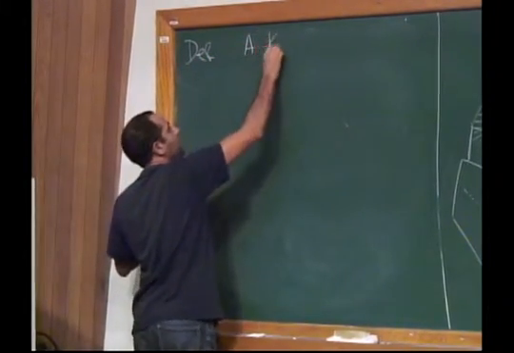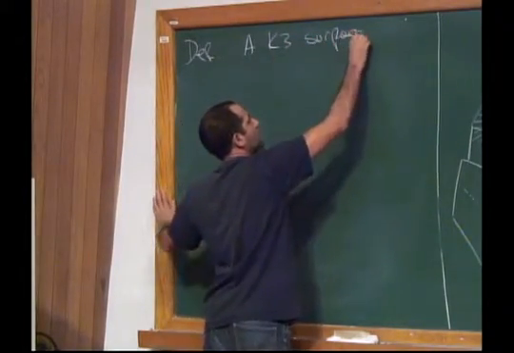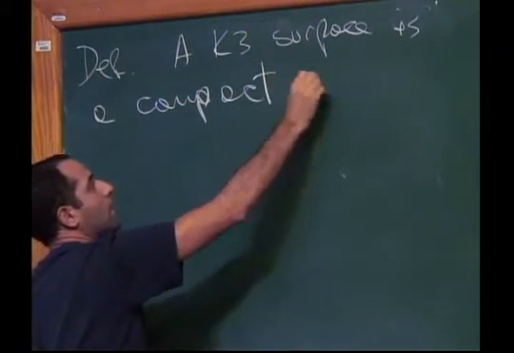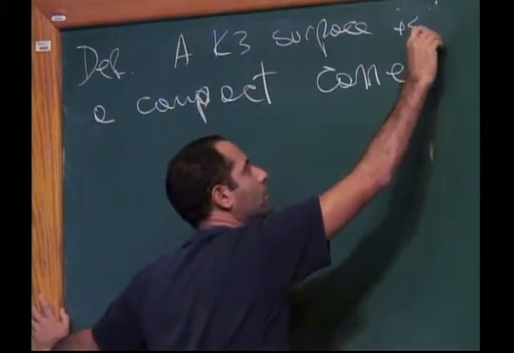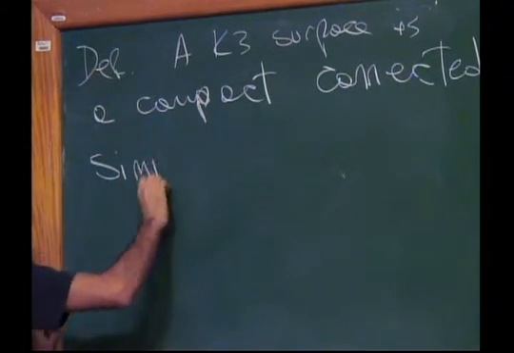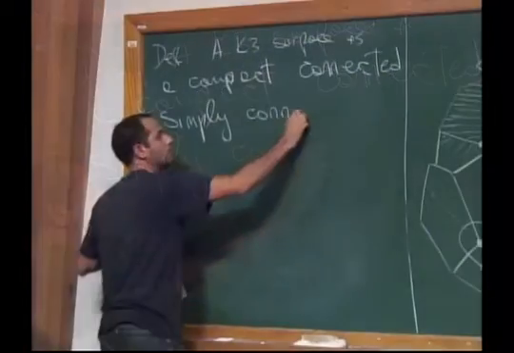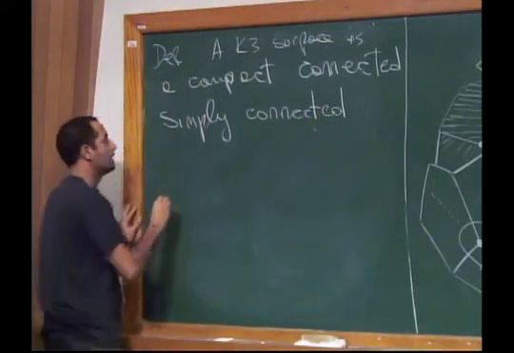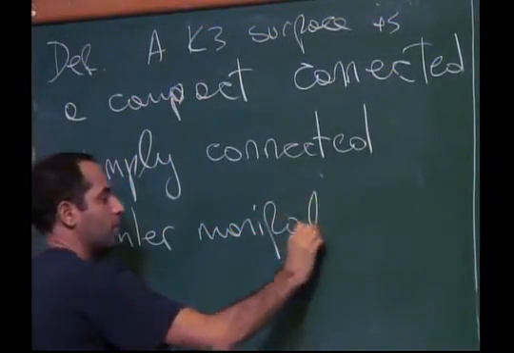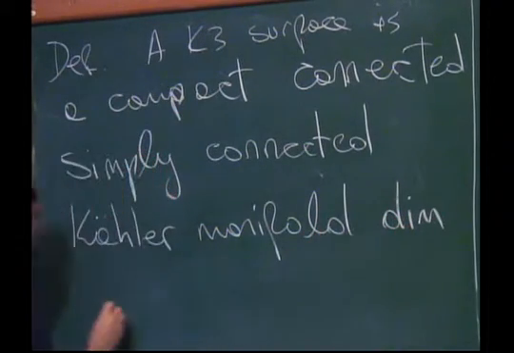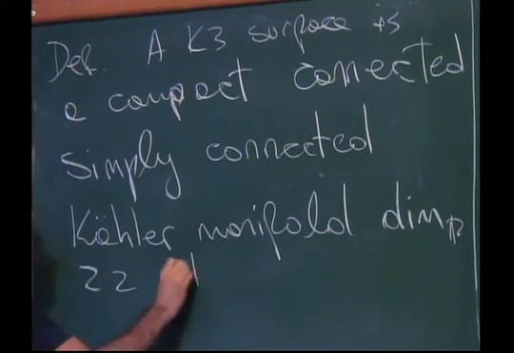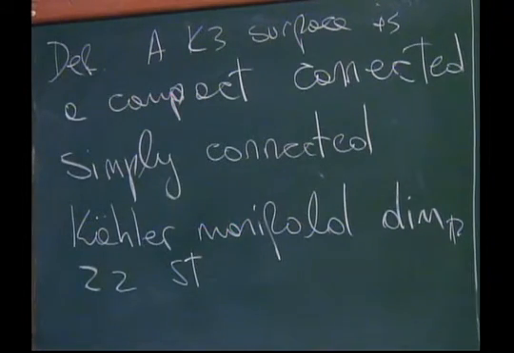A K3 surface is a compact, connected, simply connected Kähler manifold of real dimension 2 times 2, such that, and choose any of the following as your equivalent condition.